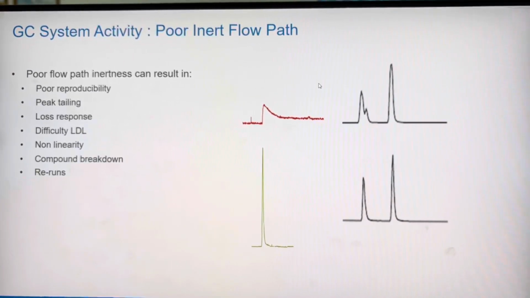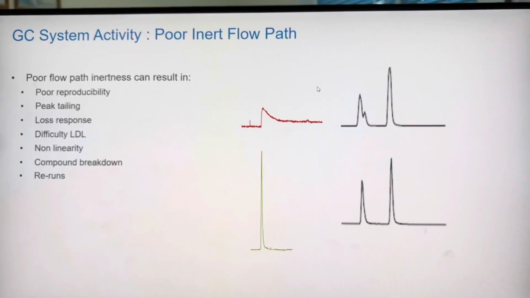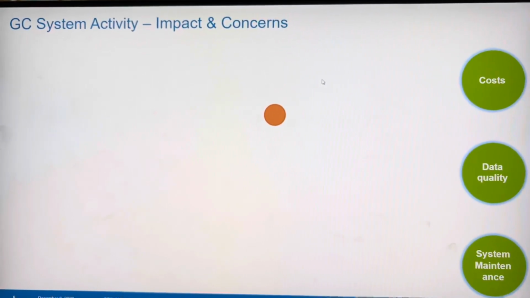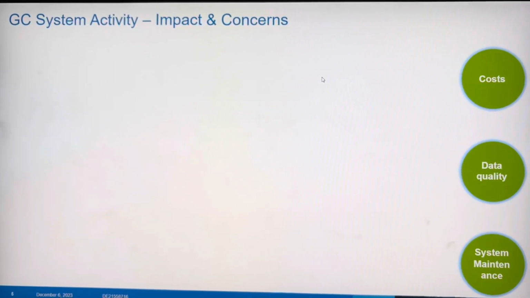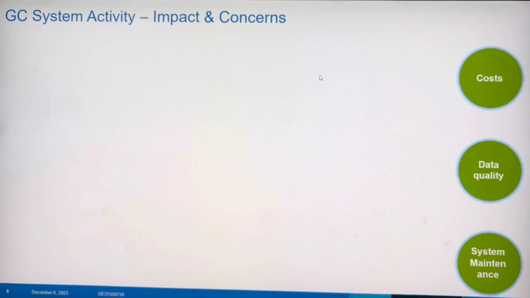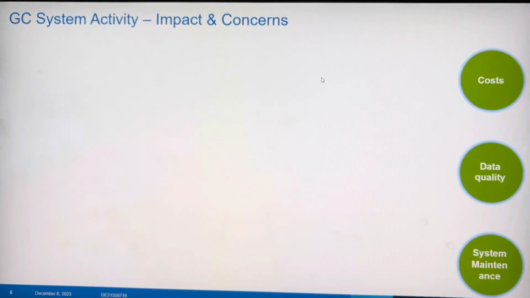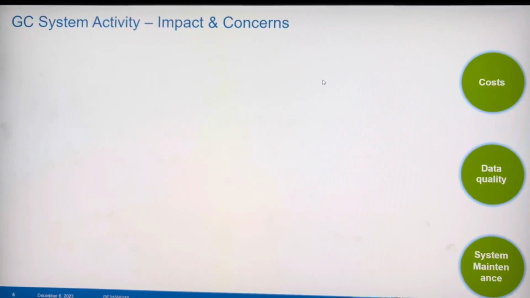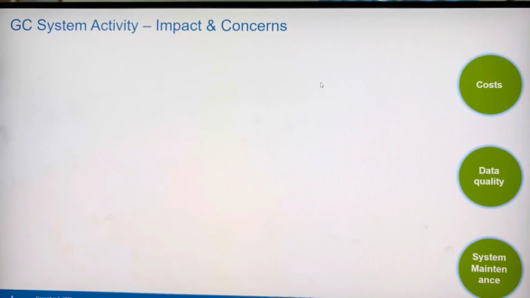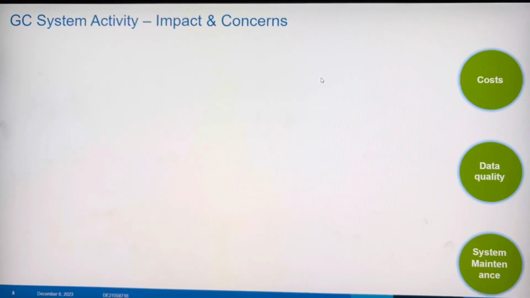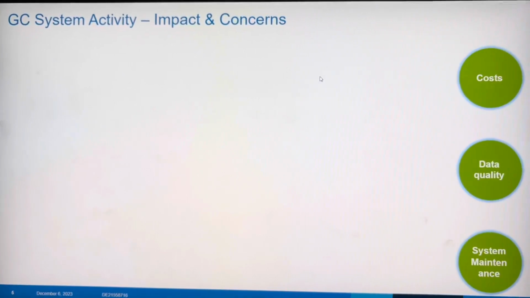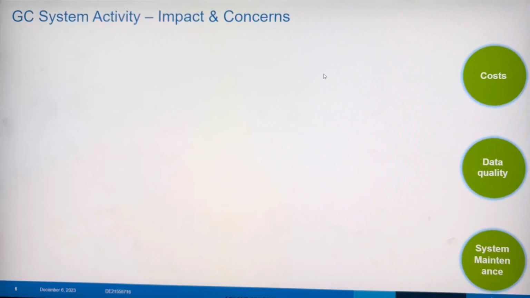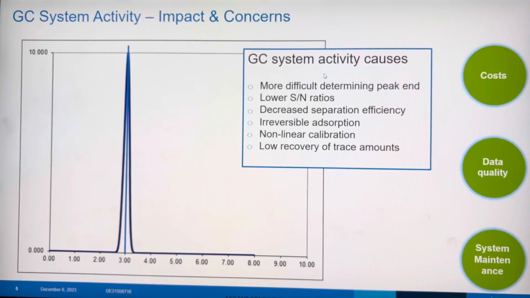So what happens if there is activity in the GC system? It impacts the cost of the analysis. Of course, the data quality may be poor because of active sites in the inlet flow path for the entire GC or GCMS system.